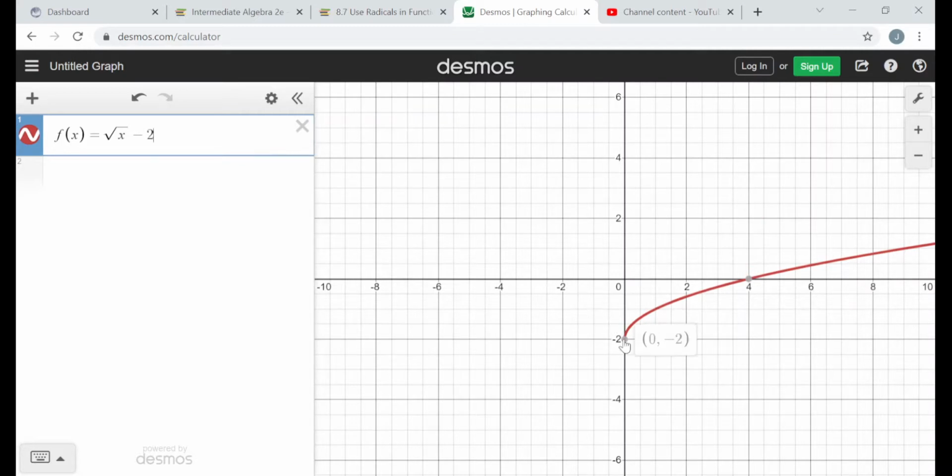And look, see? (0, -2) starting, and then moving up and up. (4, 0), we said (4, 0) was on there, and all those other points from my table, and it just keeps going up and up and up as you move to the right. Fantastic. And again, it looks like half a parabola opening to the right. Wonderful.